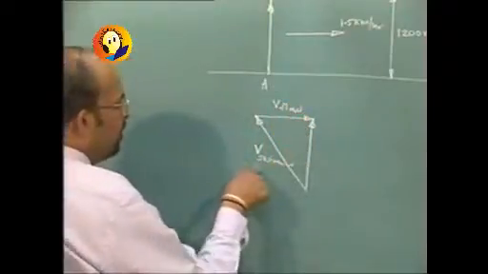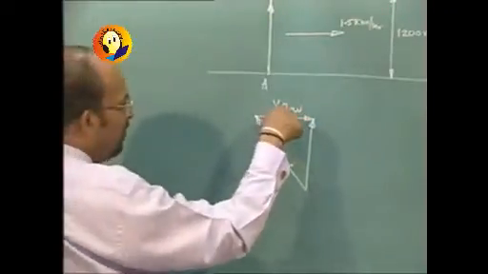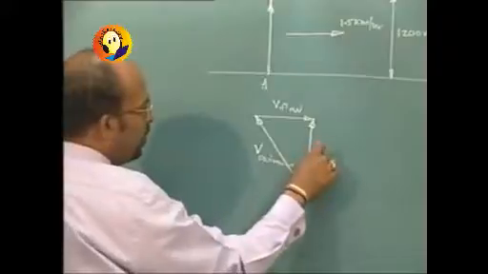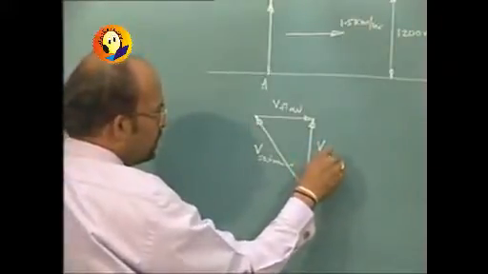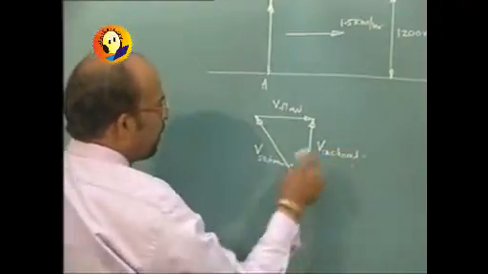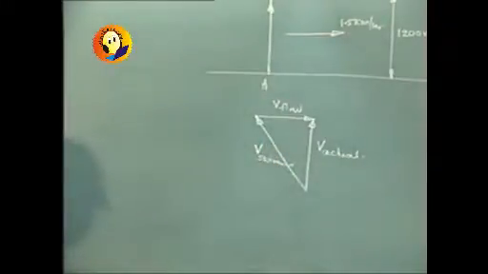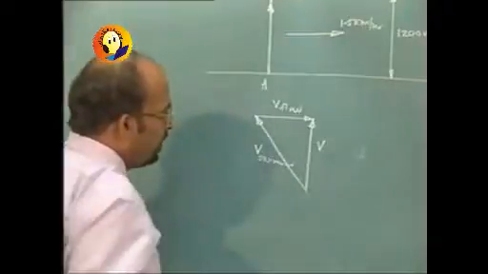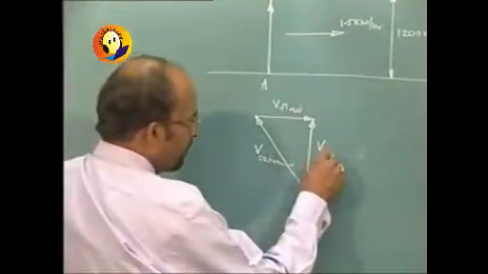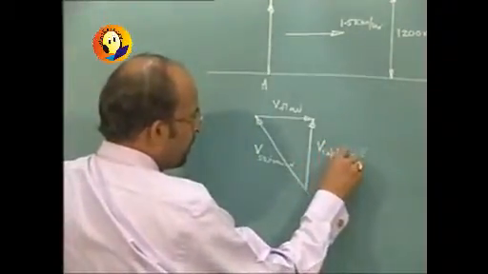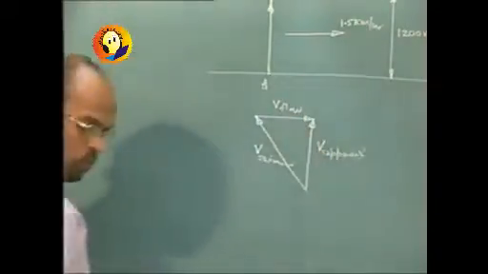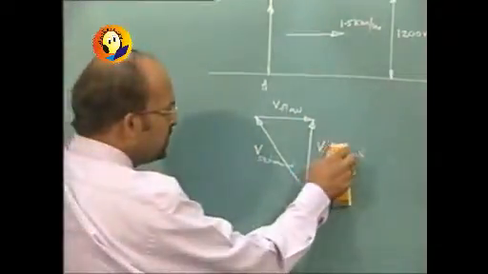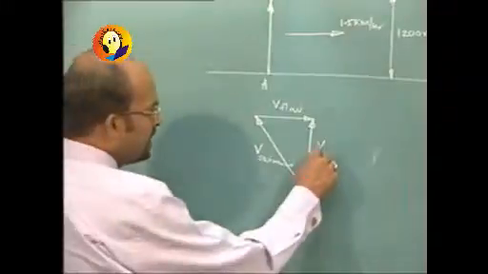The velocity of swimmer and velocity of flow will be added to see the actual velocity. Actual will not be the correct wording, it will be the apparent one. That is how it is going to move. So this is what we will be considering as V resultant.